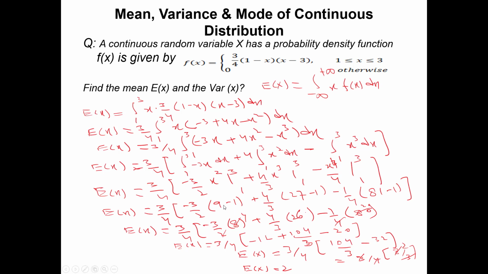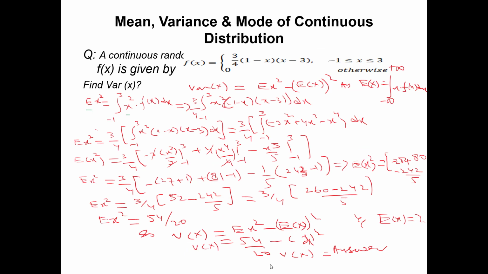When you put these values using the integration rule and simplify, you will get mean equal to 2. This is a very simple approach. The only difference from discrete is that we use summation there, but now, because we have a specific interval, we use integration over that interval in order to calculate the mean.